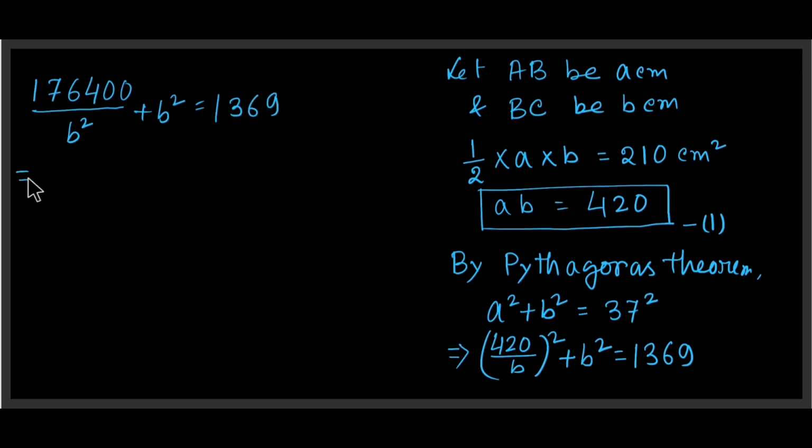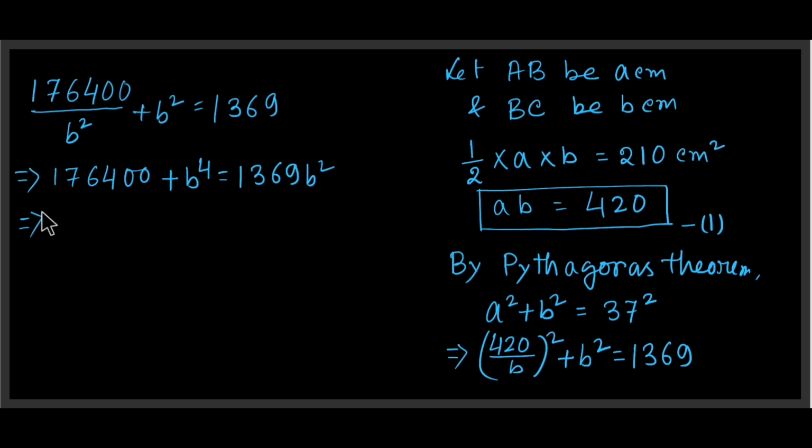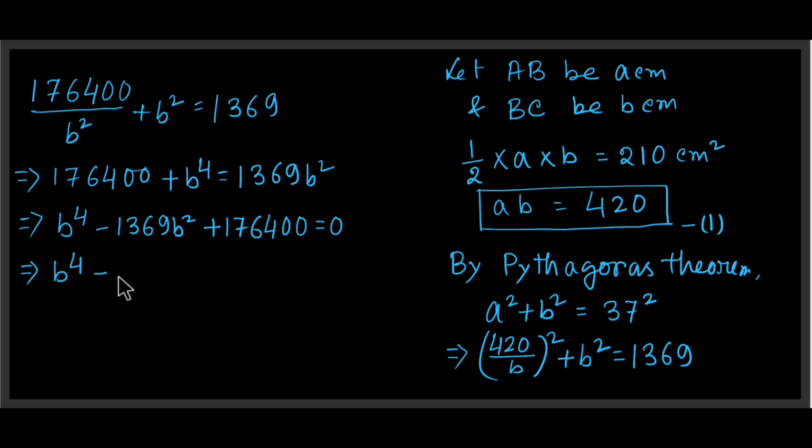Now multiplying by b square on both sides, we get 176400 plus b to the power 4 equal to 1369 b square. We can write b to the power 4 minus 1369 b square plus 176400 equal to 0.